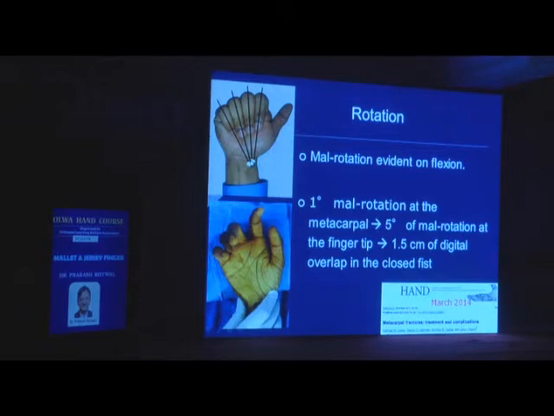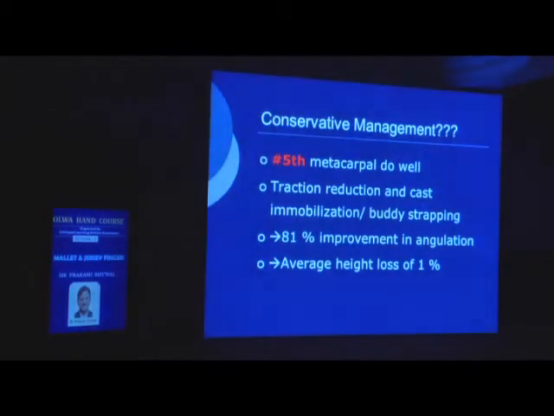This you all know basically. And here, as the patient is attempting to flex, look at this. This finger is pointing towards here, this finger is pointing towards here, whereas this finger is pointing in the reverse direction. So this is because there is a rotational malalignment in this finger.